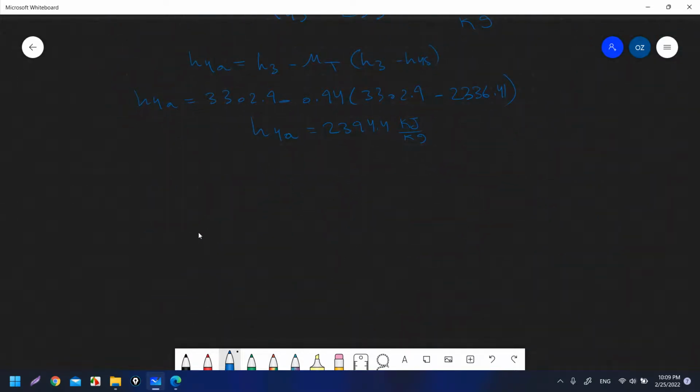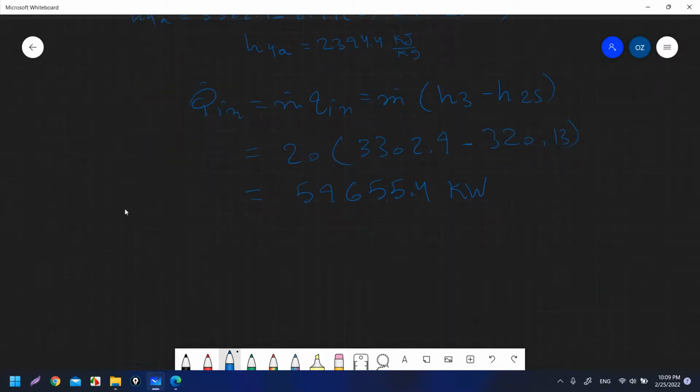So let's find Q dot N, which is equal to m dot Qn and equal to m dot times H3 minus H2S. So m dot is 20, H3 is 3302.9 minus 320.13, and this will give you Q dot N, which is 59655.4 kilowatt.